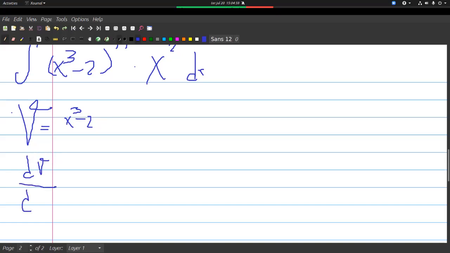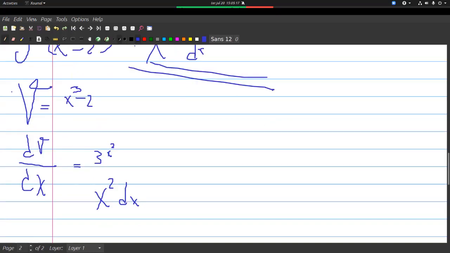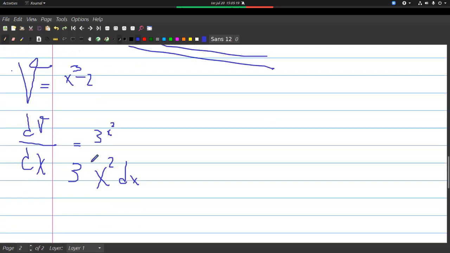And so dv over dx is going to be equal to 3x squared plus 0, or just 3x squared. So x squared dx, we can see the same thing over here, and we just have to multiply all this by 3, and that's equal to dv.